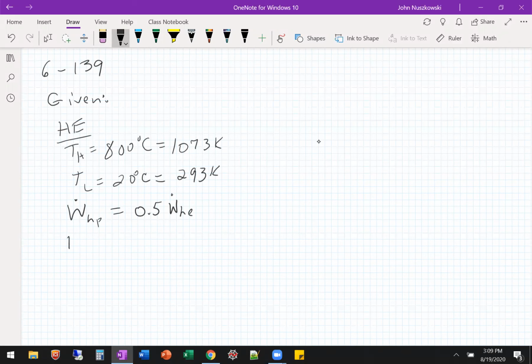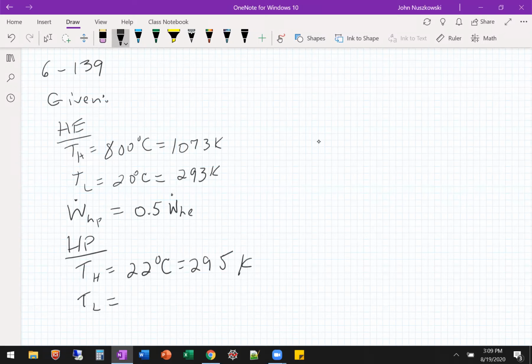And then on the heat pump, we have a TH of 22 degrees Celsius, which is 295 Kelvin, and then a TL of 2 degrees Celsius, which is 275 Kelvin.